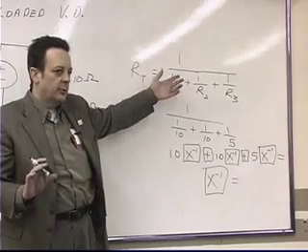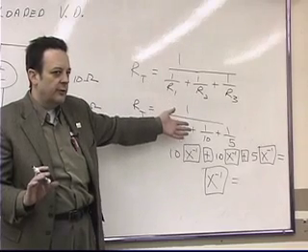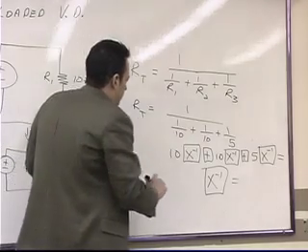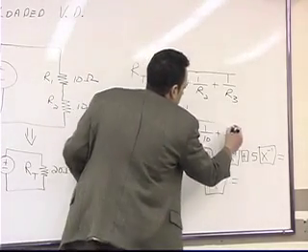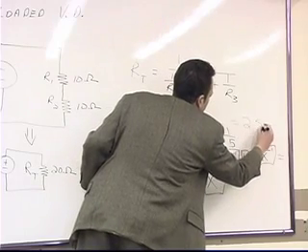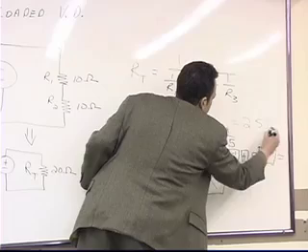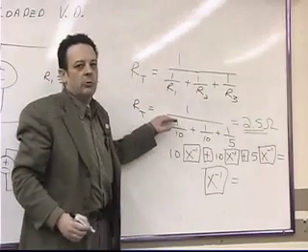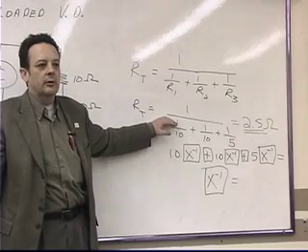For those of you that were following with me, what did you get for an answer? 2.5. So this right here should be equal to 2.5 ohms. Now I want you to notice a couple of things here.